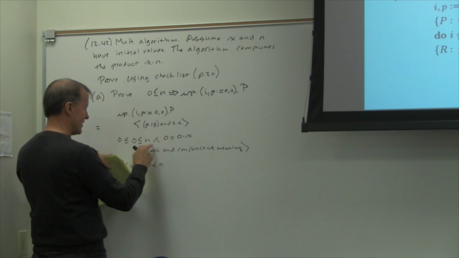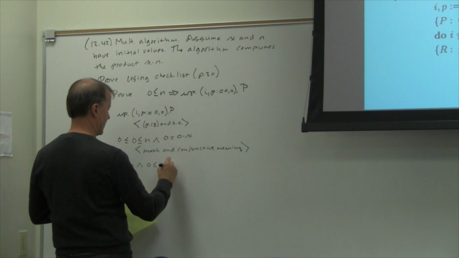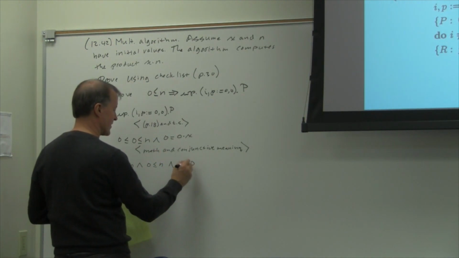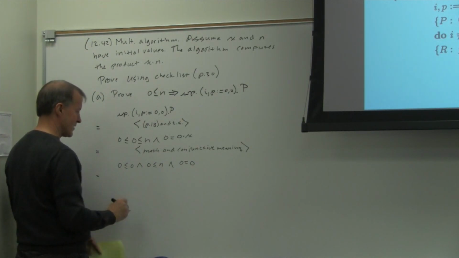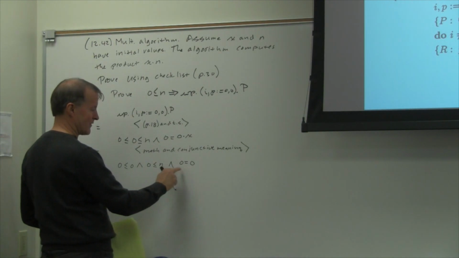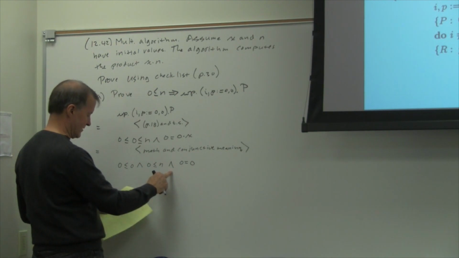So that's this one. And 0 equals 0 times x is math, and 0 equals 0, right? Okay. So this equals, by identity of and, this is true, 0 equals 0 is true. Identity of and is true, right?